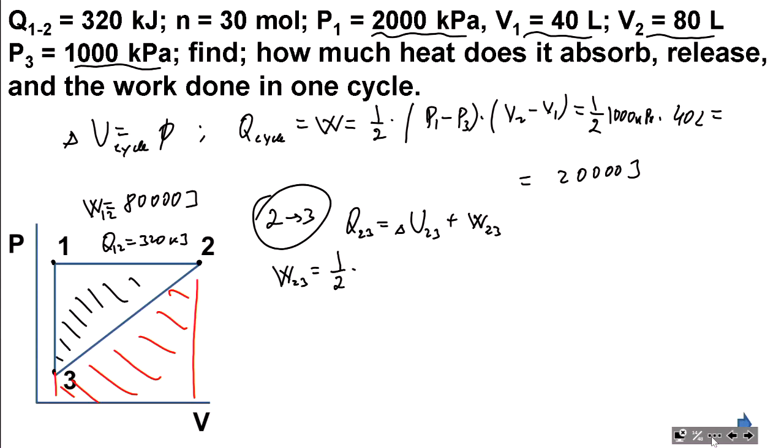And the height here is the difference between two volumes. So it's going to be V2 minus V3 times the bases. And each base of this shape is equal to a given pressure.